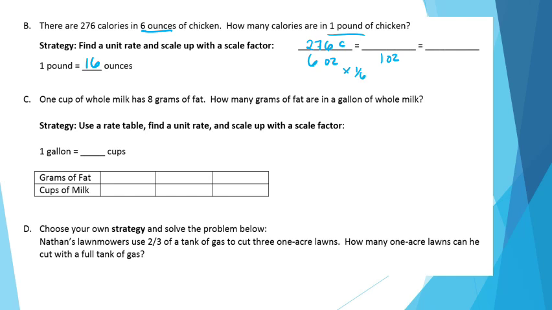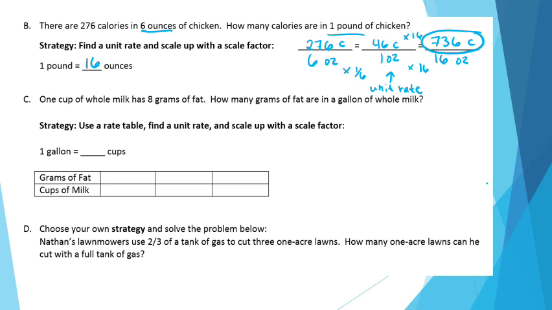So 276 times 1/6 would give me 46. So again, notice this here is a unit rate. This is the number of calories per ounce. And now I can scale it back up to 16 ounces. So 1 times 16 would give me 16, and 46 times 16 would give me 736 calories. So that's my final answer, 736 calories.